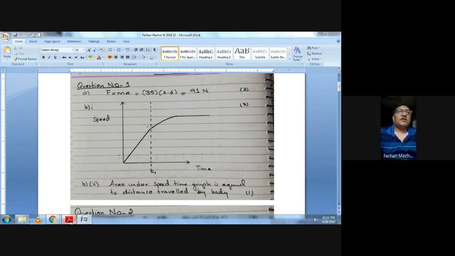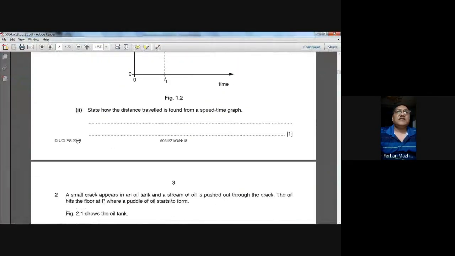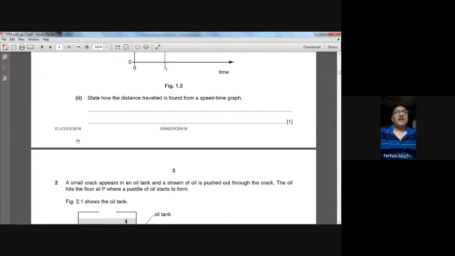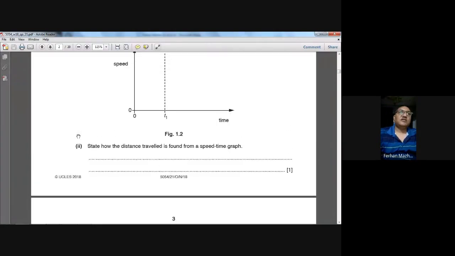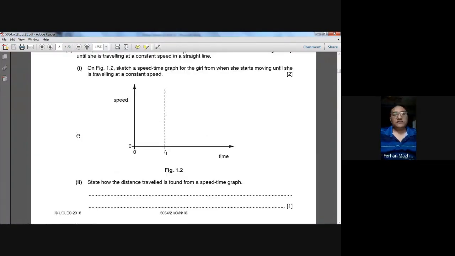Next, the second part of the B is: state how the distance traveled is found from a speed-time graph. It's a 1-mark question. Whenever you have a speed-time graph and you want to calculate how much distance is traveled by the body, you will calculate the area under the speed-time graph.